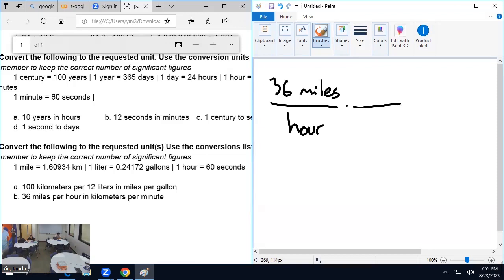All right, Nick. First conversion. I multiplied by 1 mile at the bottom and up top I put 1.60934 kilometers.